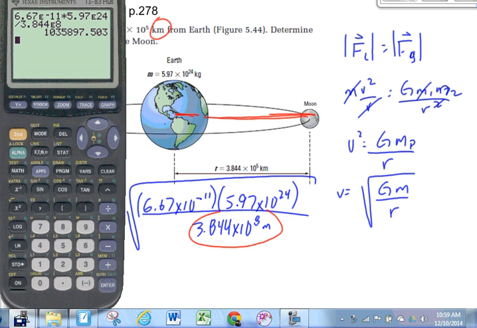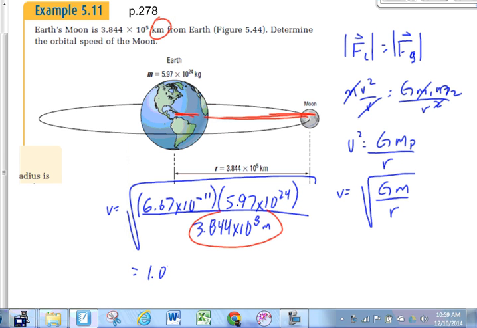Okay, and then we've got to square root that. 1,017. 1.02 times 10 to the 3 meters per second.